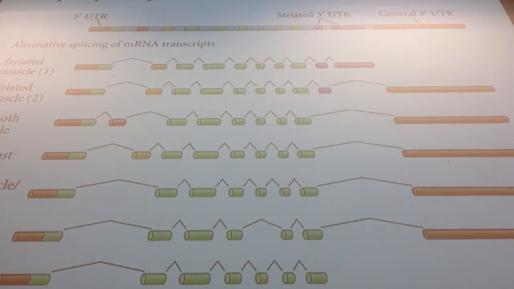A T lymphocyte would not have a regulatory sequence that can be bound by regulatory proteins to carry out splicing. So that's why you wouldn't have myosin even expressed, right? Even if for some reason the mRNA is made, it won't even have myosin protein expressed because there's no way to splice the introns out.